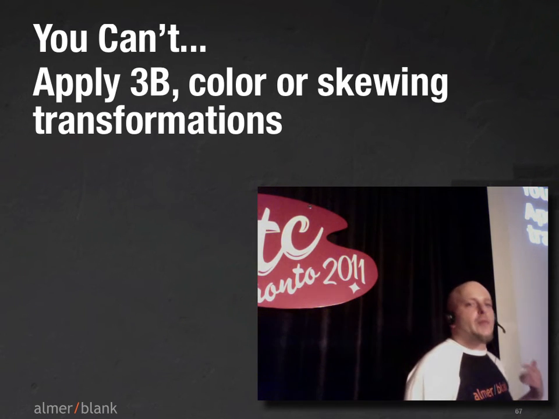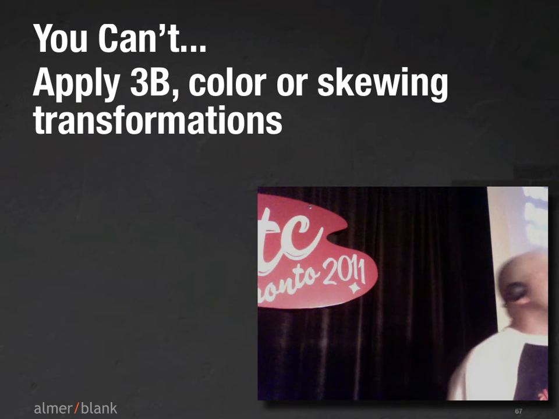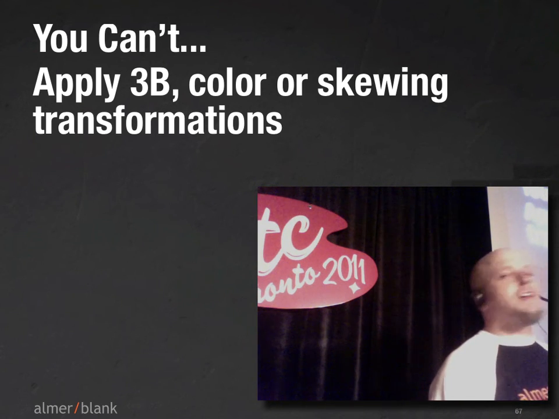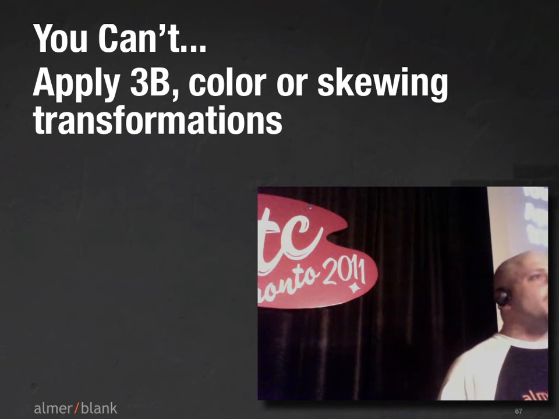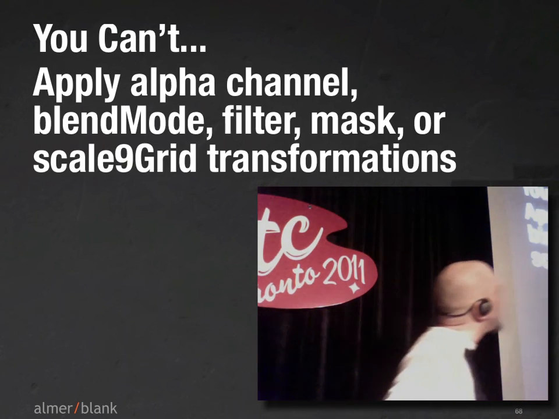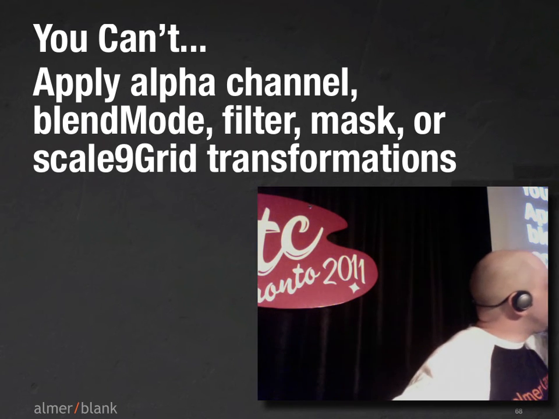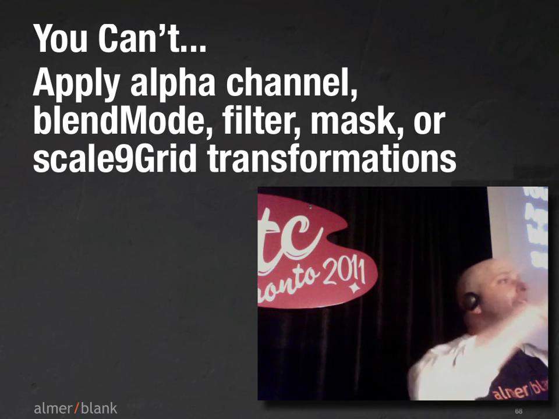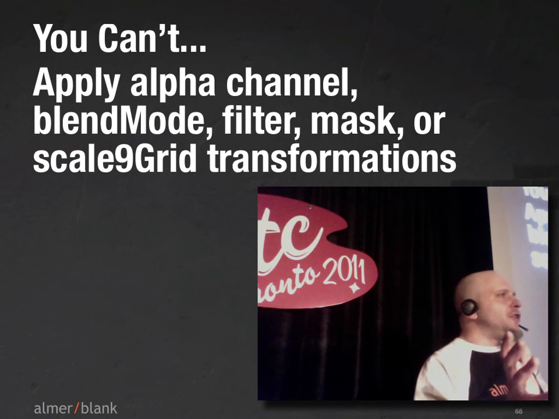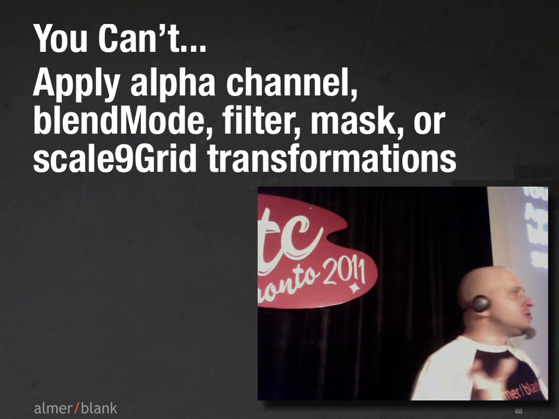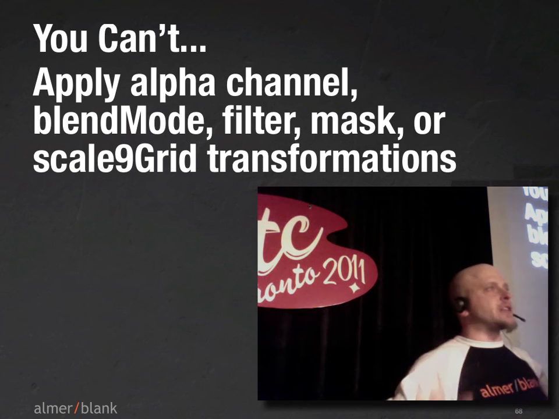You cannot apply 3D transformations at all. 3D, color or skewing transformations, right? Again, because we have limited creative control. You can't apply alpha channel, blend mode, filter, mask, scale 9 grid transformations, right? Again, we have limited creative control. But remember, we're talking about video. We're talking about almost all the use cases just being a rectangle that we don't want to alpha fade and we don't want to skew transform.